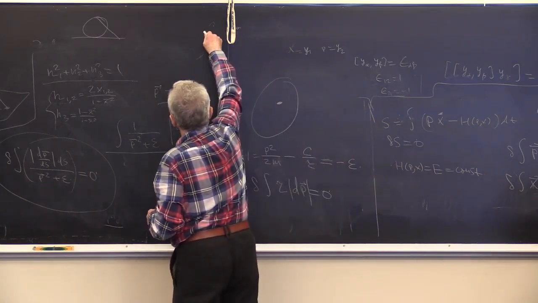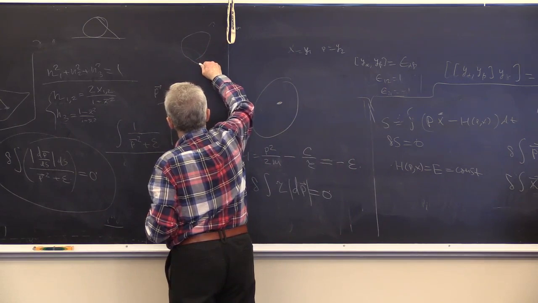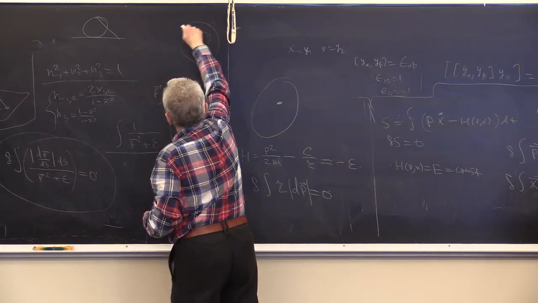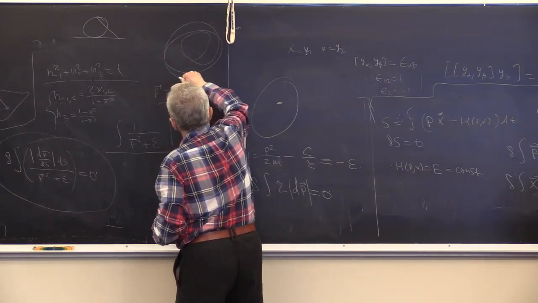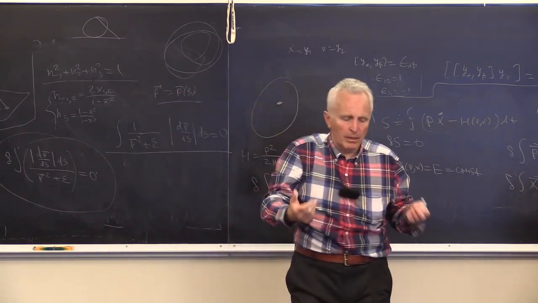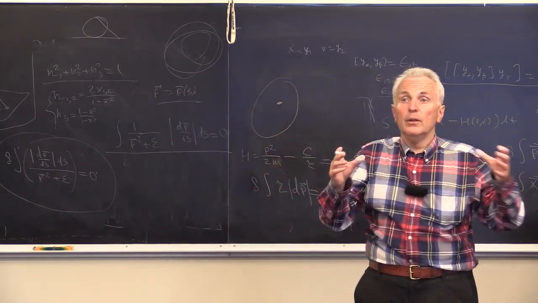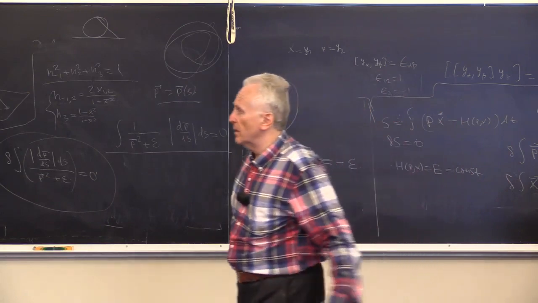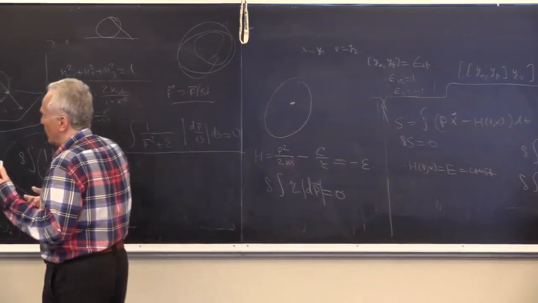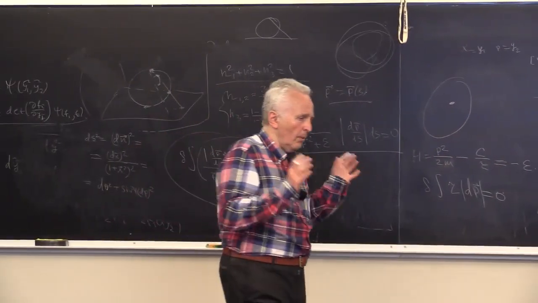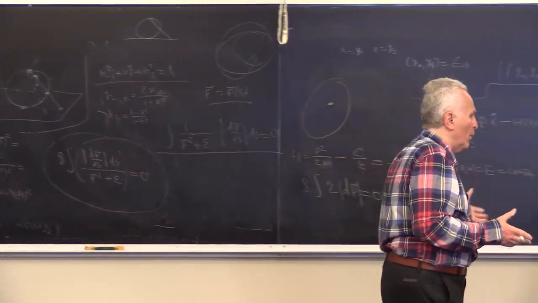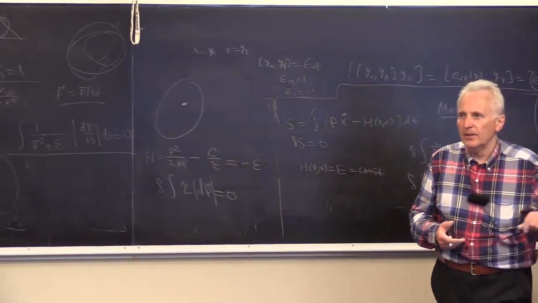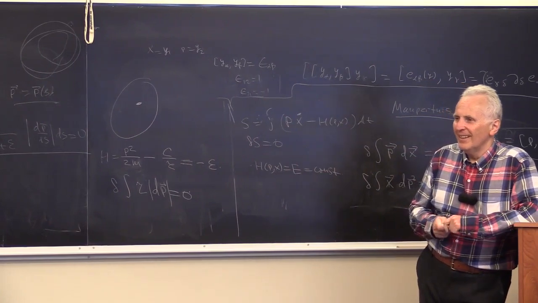The planet will return, but it misses this point, and it misses this point again, and so on. It will be something complicated. In fact, we know that the planets move along closed trajectories. Fortunately for us, otherwise the weather would be terrible.